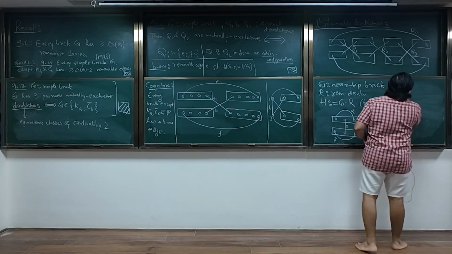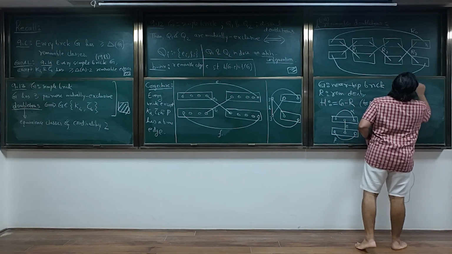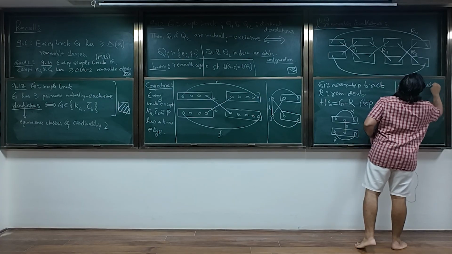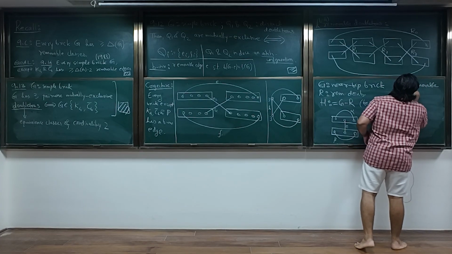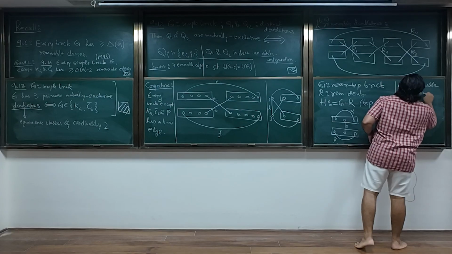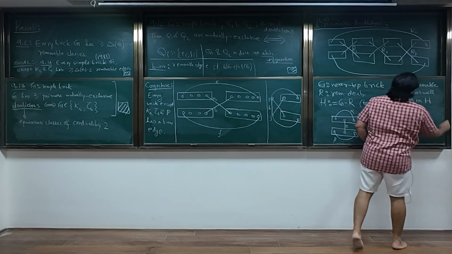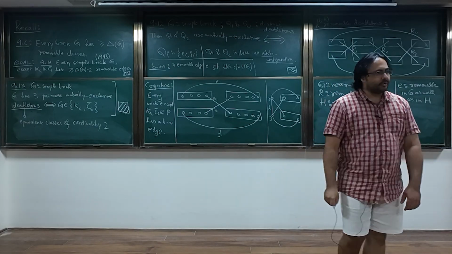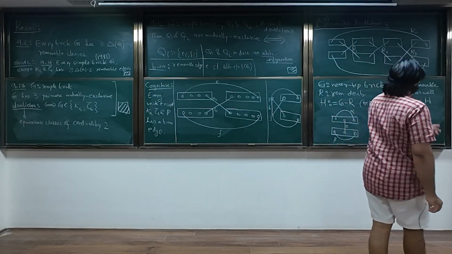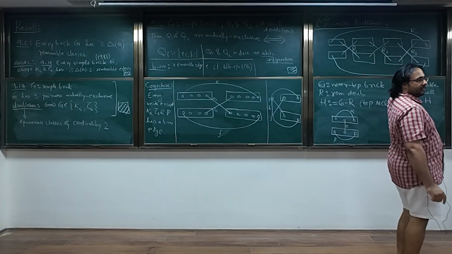Supposing E is removable in G as well as in H, then actually it is not too difficult to prove that it is a B invariant edge.